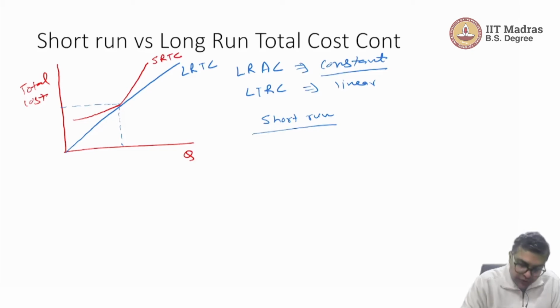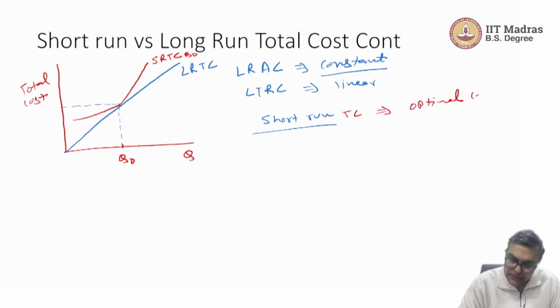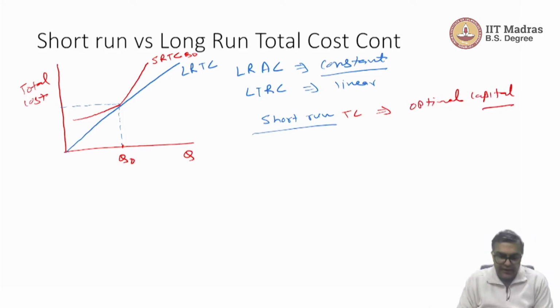But of course, here let us say this is the Q naught. So, for short run total cost at Q naught, what are we using? The optimal capital, and that is why the short run and long run total cost are equal.